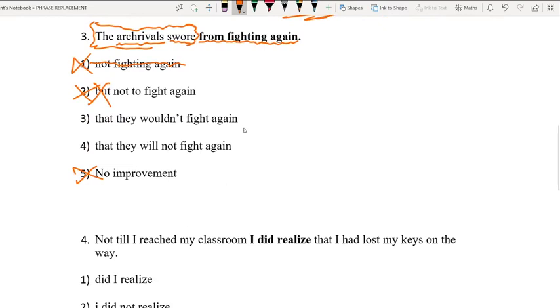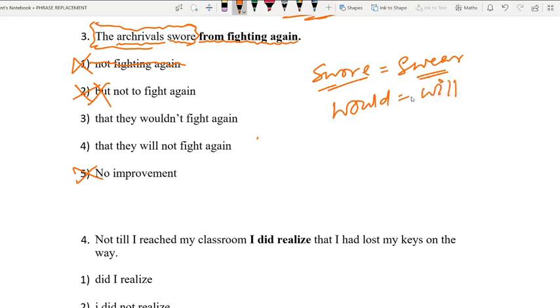The arch rivals swore that they wouldn't fight again. Please do remember, swore is the second form of swear. Similarly, would is the second form, or past form, of will. And we know that in English grammar, if the main clause follows past tense structure, the subordinate clause also has to be in the same structure.